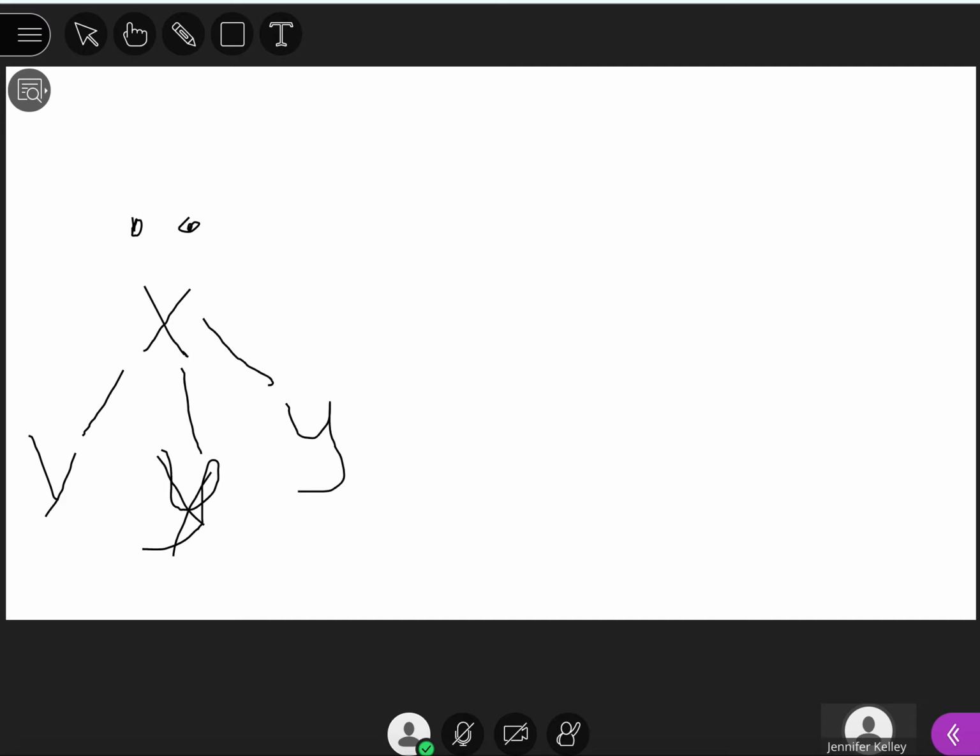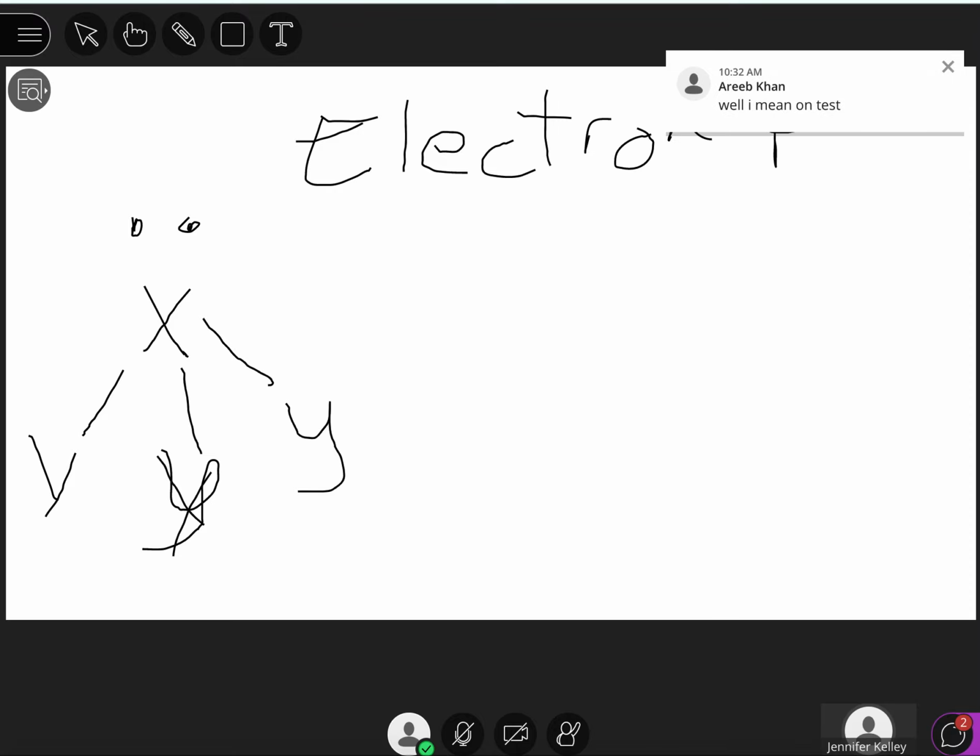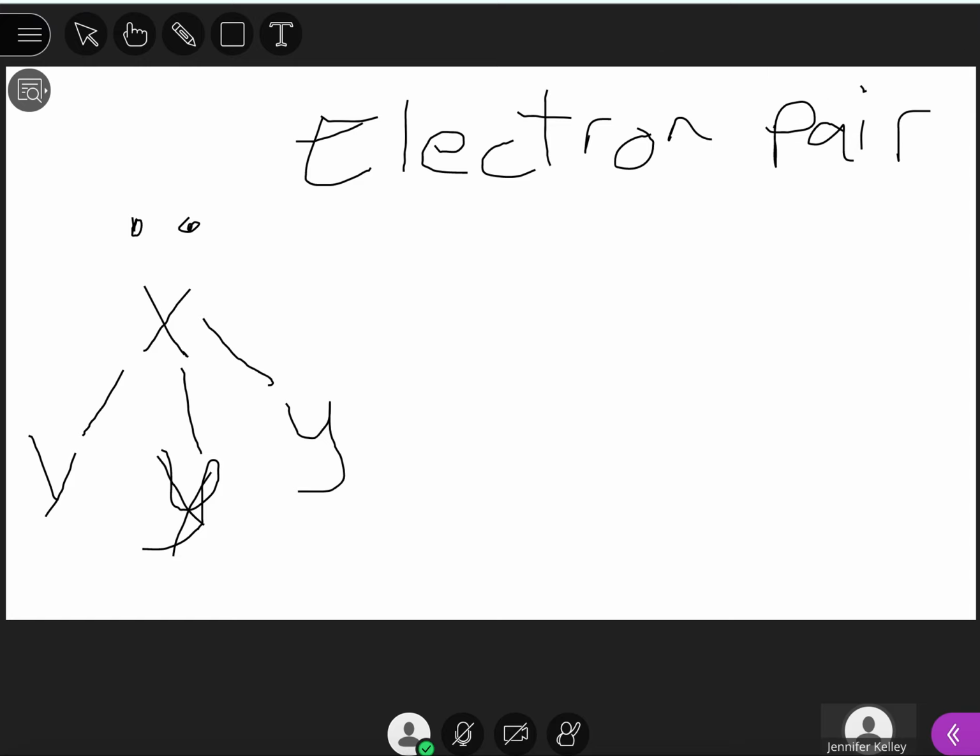So if I'm looking at electron pair geometry, then I'm going to count what a lot of people call electron domains. An electron domain is just an area with electrons. They call it steric number here, which is also what it's called.